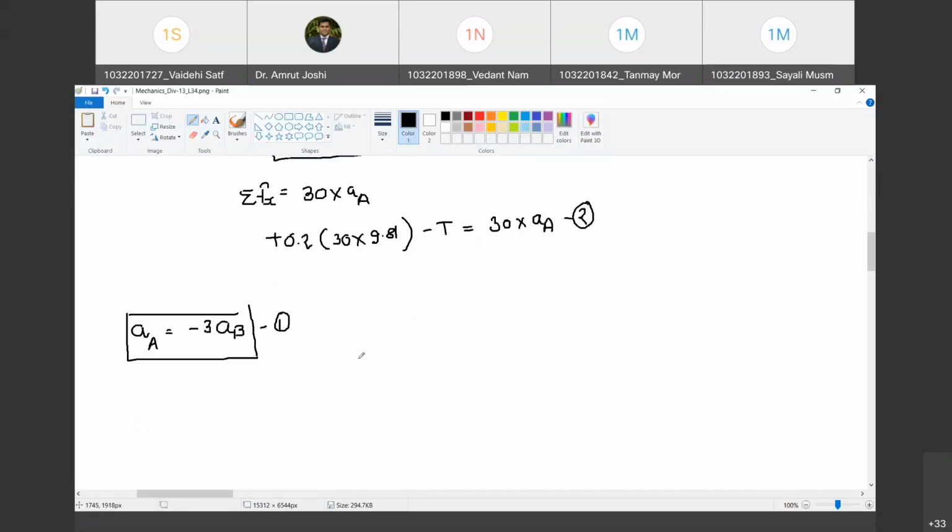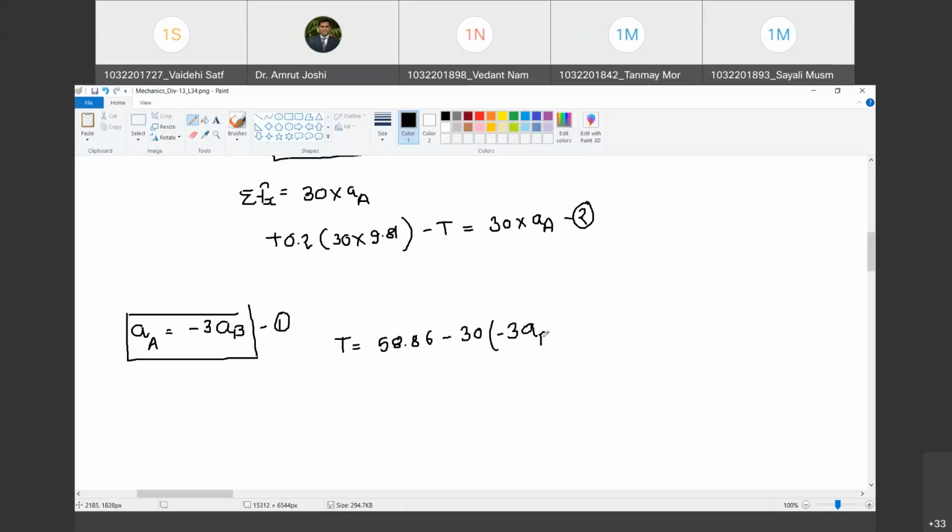If I do that, can I write down T is equal to, how much is 0.2 into 30 into 9.81? 58.86. So T goes on the other side. This becomes 58.86 minus 30 times AA. But AA is minus 3 times AB.